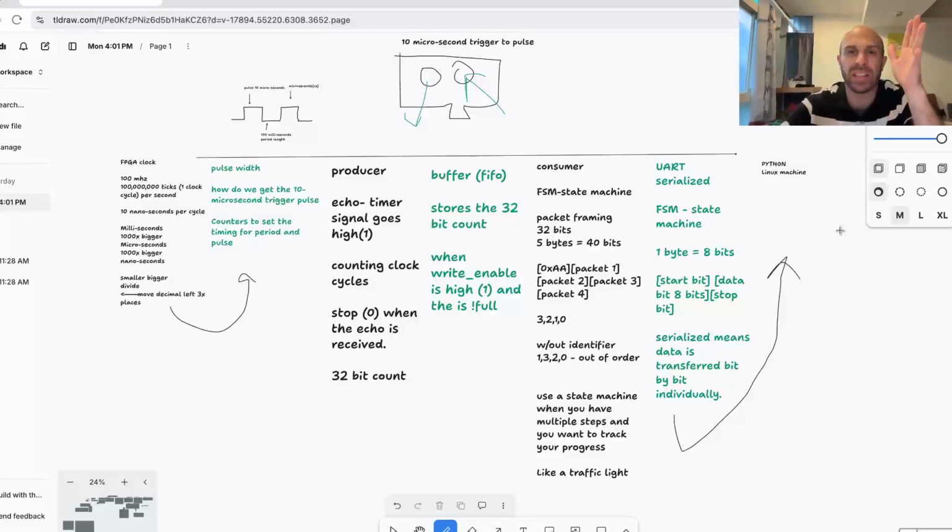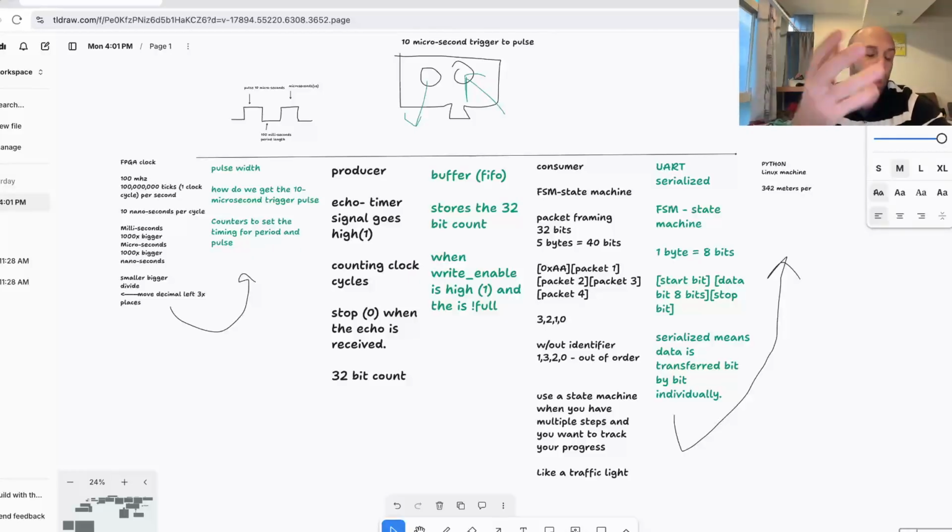Now we do the physics. For example, the speed of sound is 342 meters per second, and you have to convert that to centimeters. Round trip, because the pulse goes out and it comes back in.